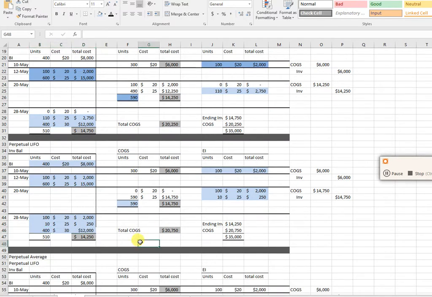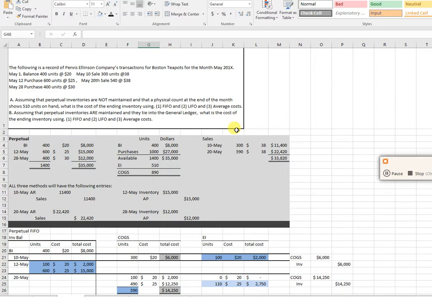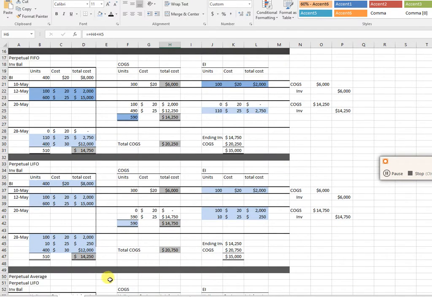And my check figure again is 35,000. So I add up my ending inventory and cost of goods sold. They should always equal what I have available right there. So I have ending inventory is 14,250. Cost of goods sold is how much I've sold during the period.